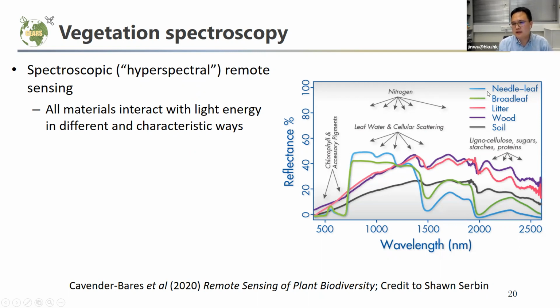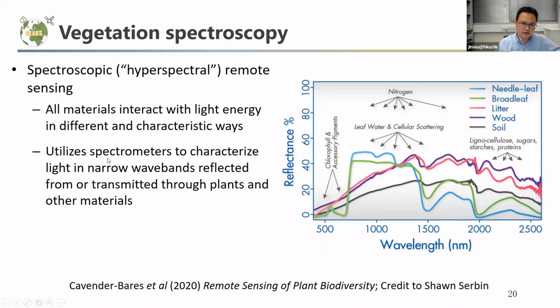And we found that for needle leaf and broad leaf, their spectral reflectance actually is quite different. And vegetation and non-vegetation also have a significant spectral reflectance difference. Also, with more advances in the remote sensing field, we now have spectral radiometers that can help us characterize the light in narrow wavelengths reflected from or transmitted through plants and other materials.